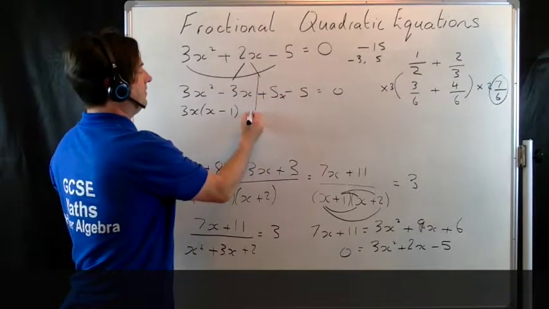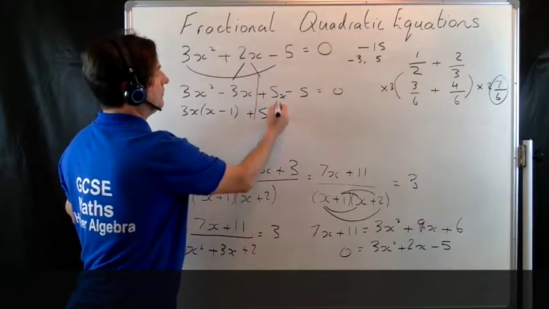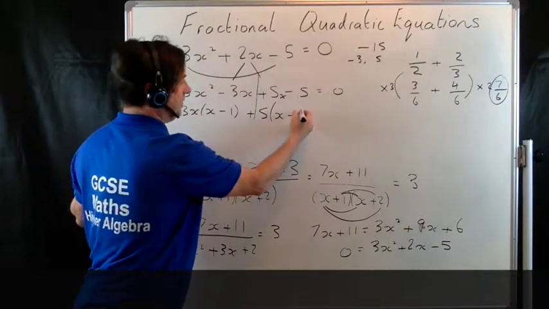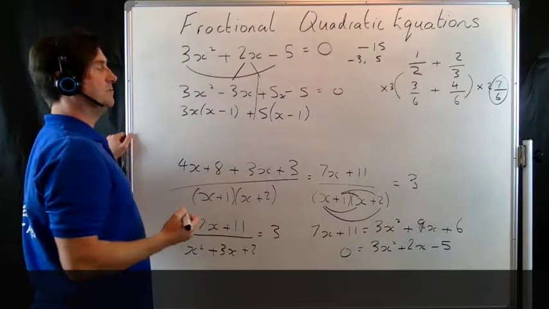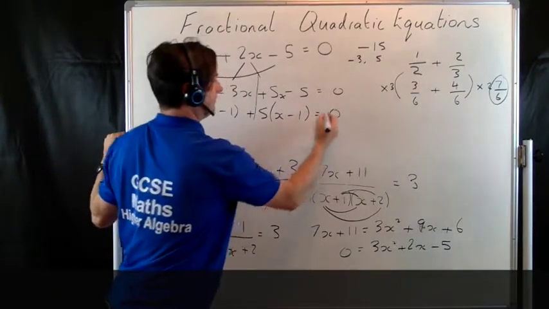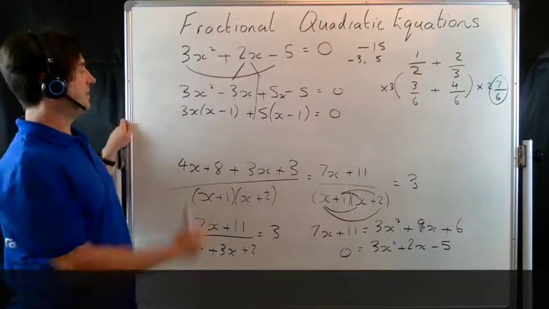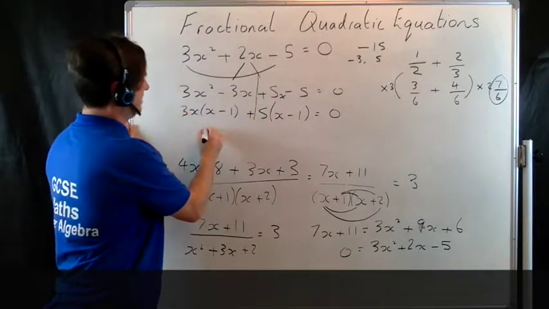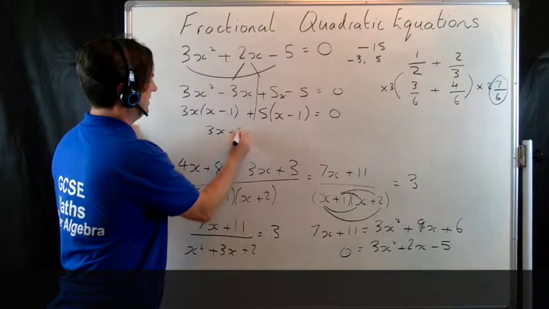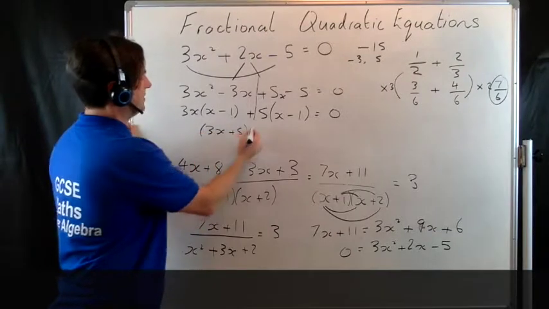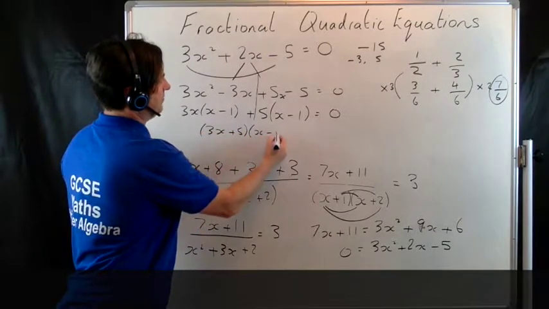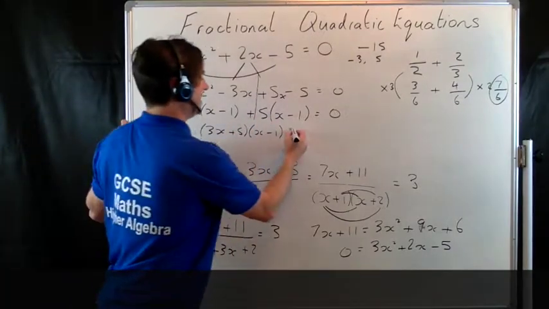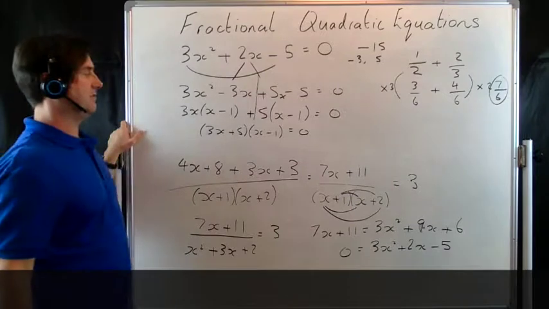I have 5 occurring in both. 5 times x gives me 5x, and 5 times minus 1 gives me minus 5, and that equals 0. Then to finish that off, all I do is write whatever's outside the brackets, 3x plus 5 in one set, and you should be left with x minus 1 in both of these ones. That goes in the other set of brackets, and that equals 0.